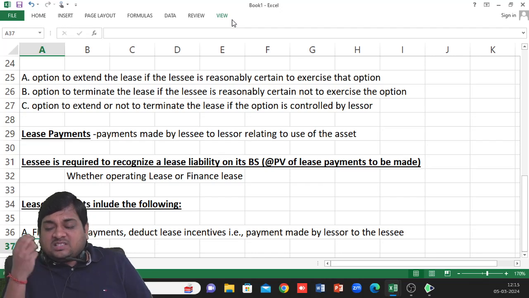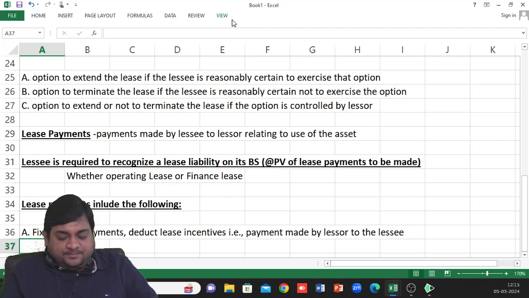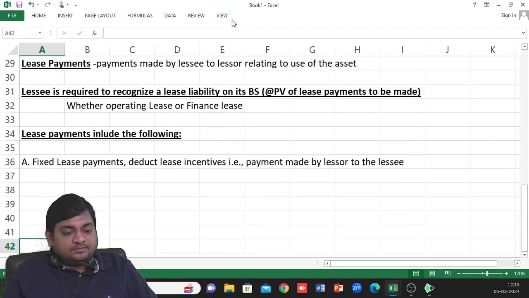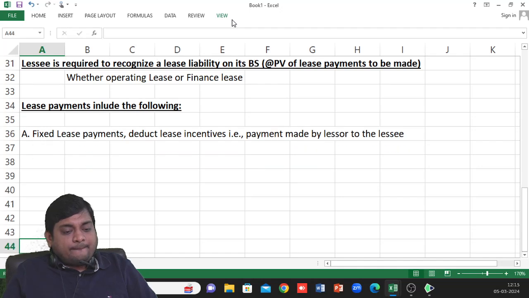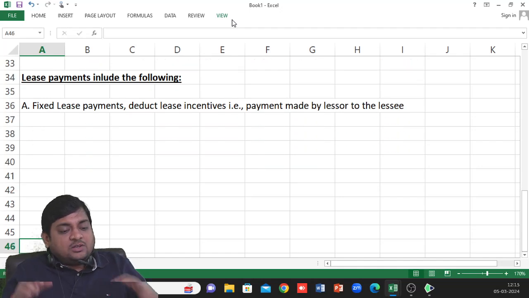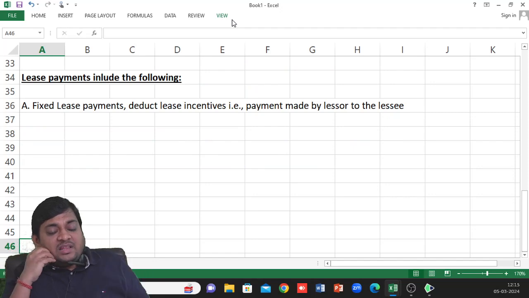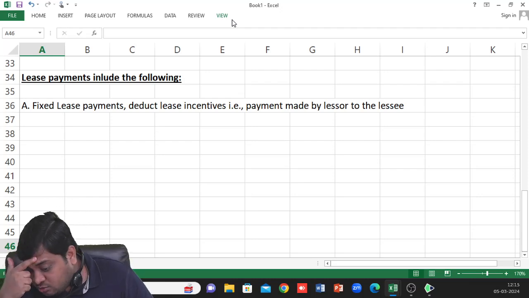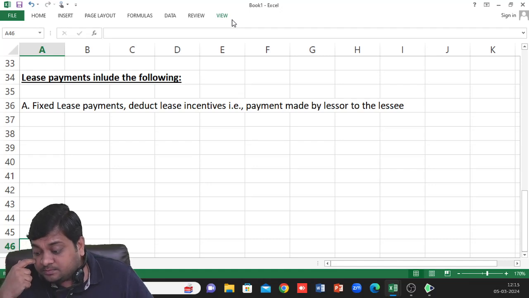So the substance has to be fixed. Is it okay? Further, any payment that has been made by the lessor to the lessee or on behalf of the lessee, that will be subtracted, right? So these things you need to note, right?